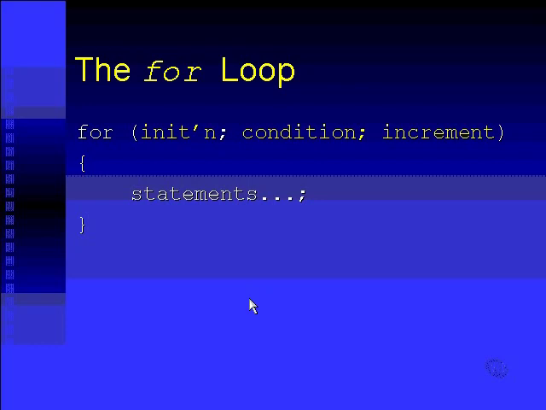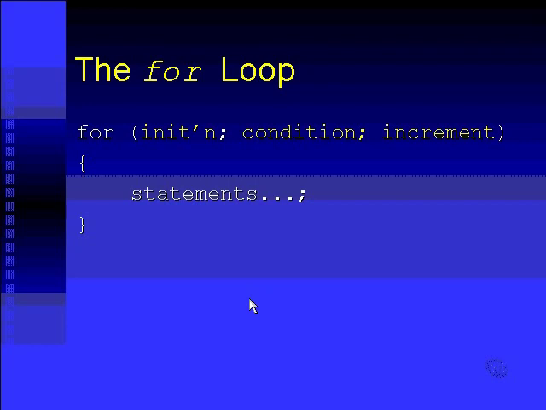You'll see this in a moment when we look at an example. We perform the increment statement and then we check the condition again. So again, at that point we can decide whether to go into the loop or drop out of the loop. So we could go into the loop, then back to the increment, back to the condition.